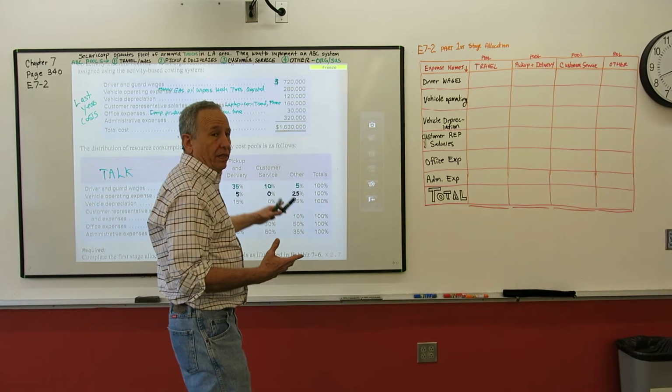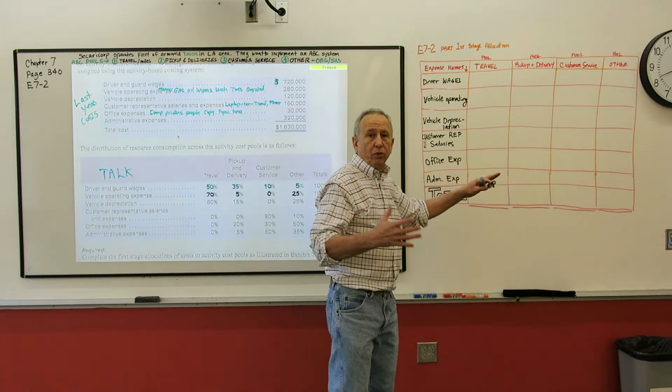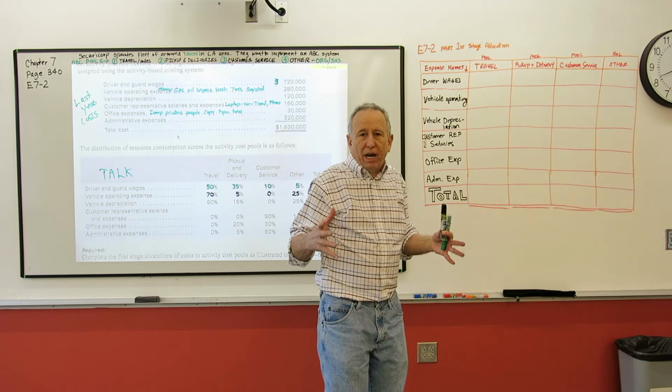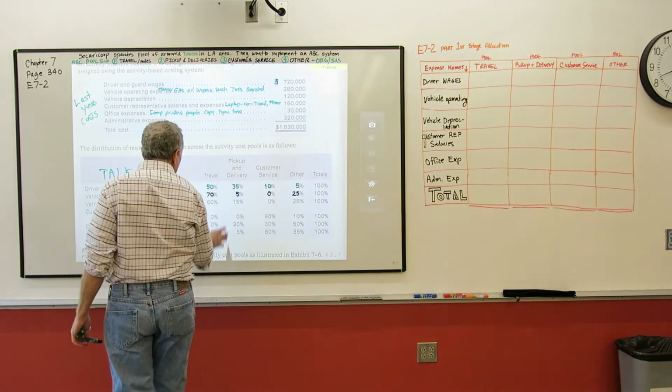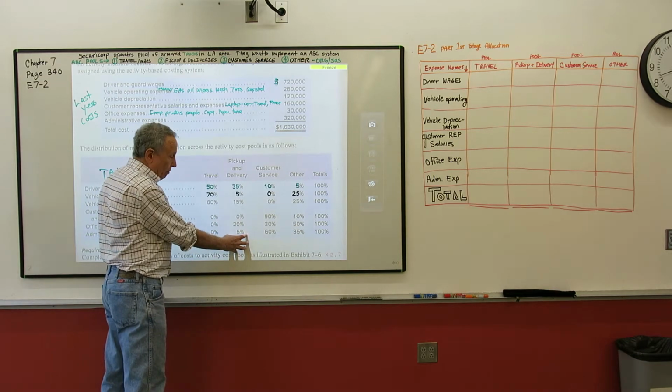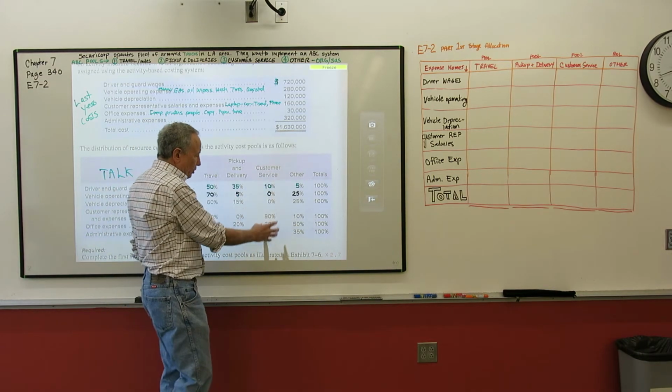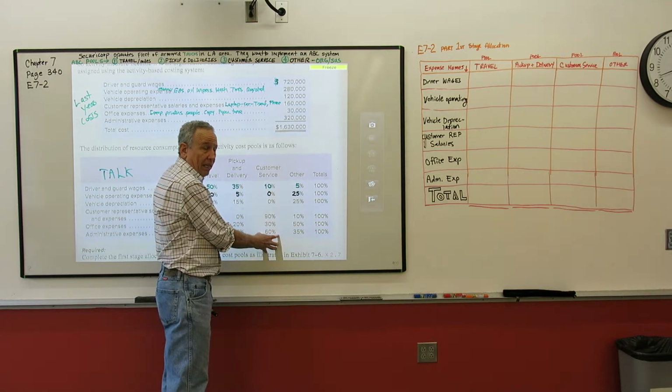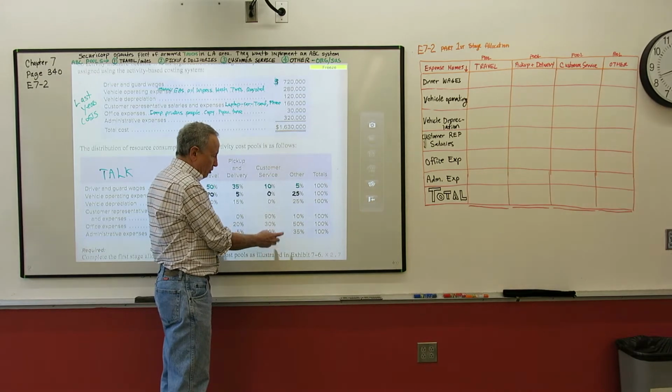Now we're going to allocate this money to these pools. Once we get the money in the pools, we're going to divide by, what do you think? In this case, in travel, we'll divide by miles. In pickup and deliveries, we'll divide by the number of pickups and deliveries. In customer service, we should divide by hours provided to customers, but we're not.